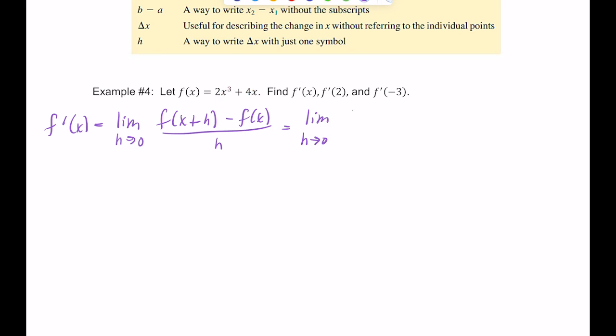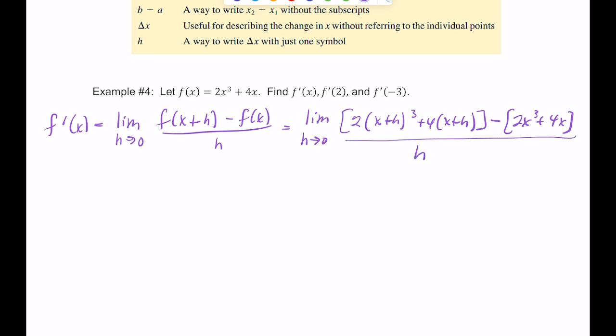So we have 2 times x plus h cubed plus 4 times x plus h. Okay, minus f of x, and I'm putting that in brackets because we're subtracting an entire quantity, and then it's all over h. Okay, so the limit as h approaches 0.